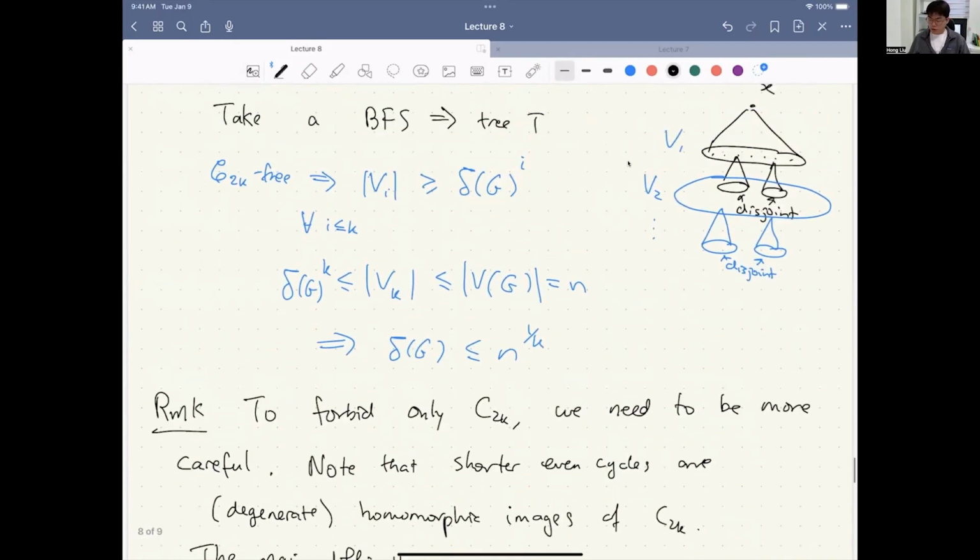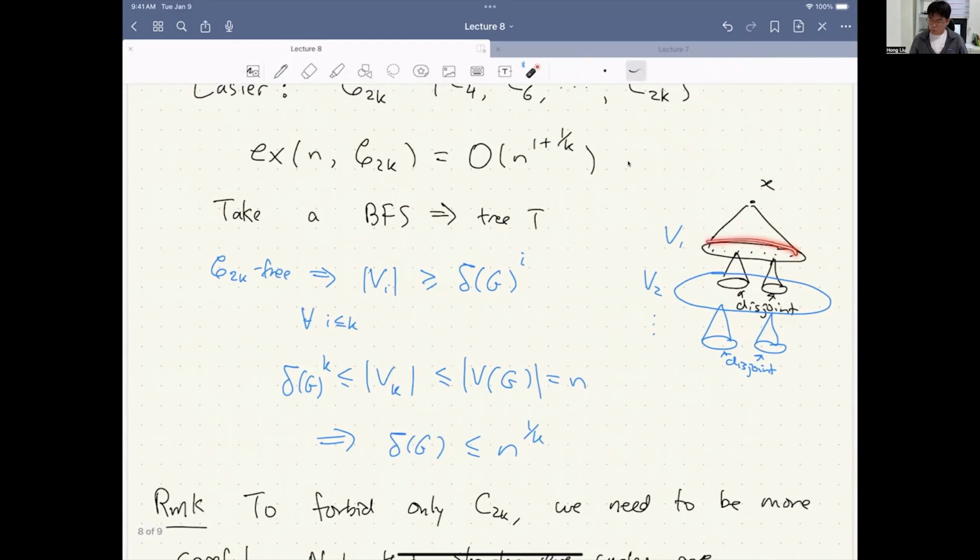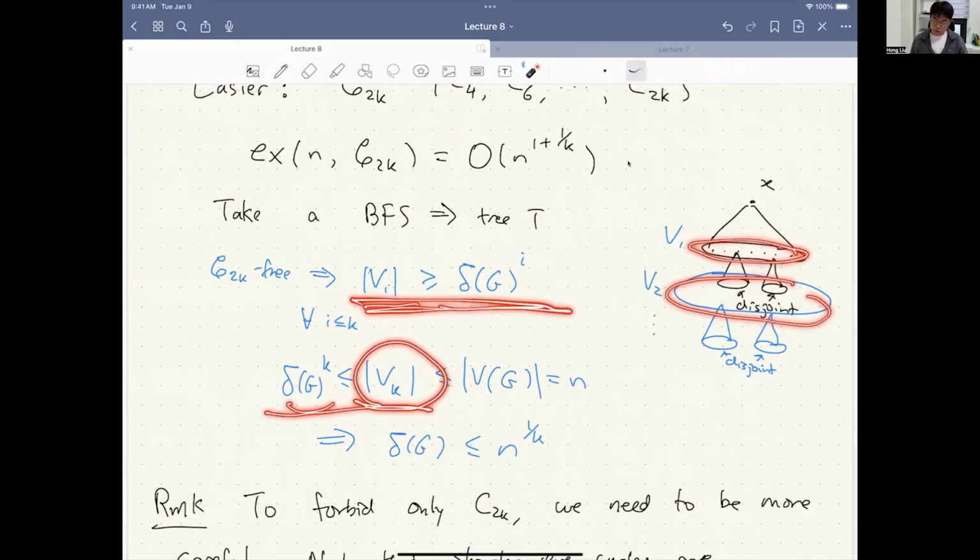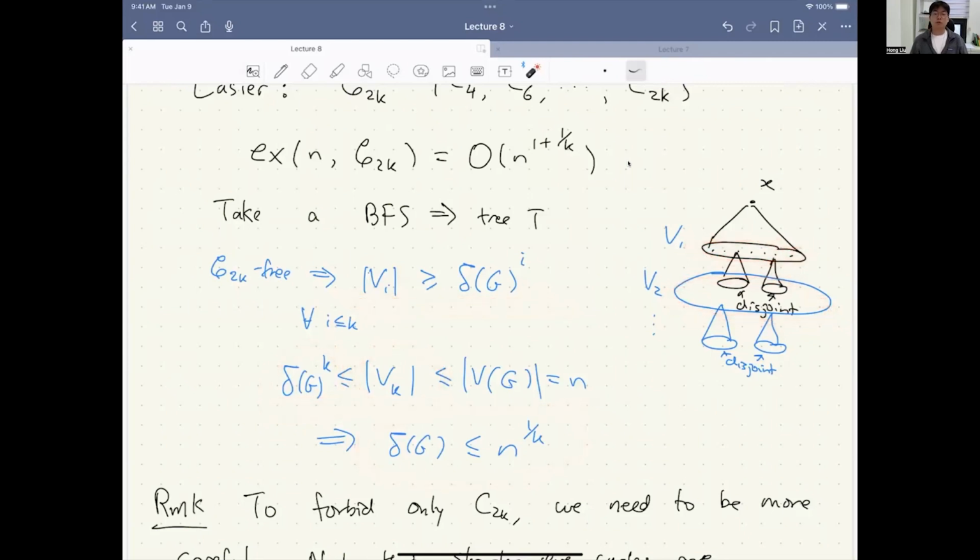Remember, in this argument the key part is we want to prove that each layer is expanding fast. At the end, we have the last layer, which is expanding like the minimum degree or average degree to the power k, which is at most the total number of vertices, to conclude an upper bound on the average degree. We want to do the same here.